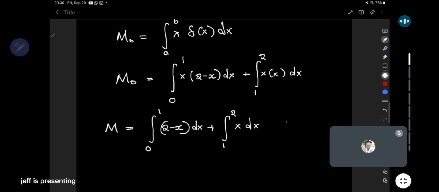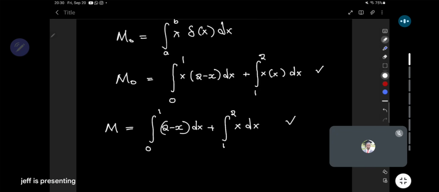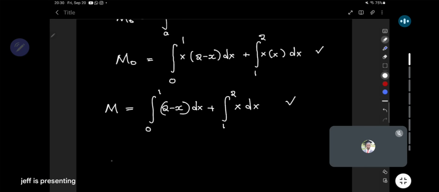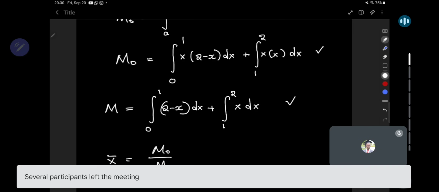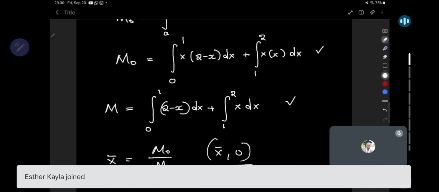So this expression will give you the mass, and this expression will give you the moment about the origin. Basically, this is how you're going to treat this. At this point, it's just integration and simplifying. Once you get the two expressions, you can get x bar by just saying m0 over m. Whatever value you get will be x bar, comma 0, to give you the center of mass.